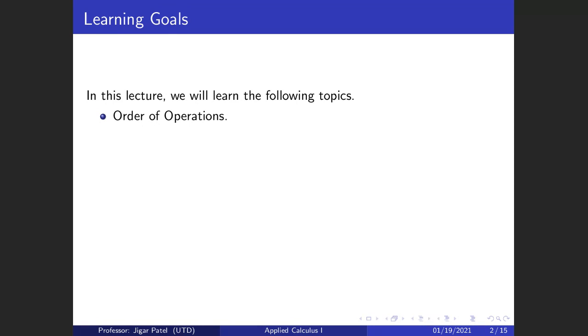Again, there are rules that we need to follow in order to simplify the expressions, and we are going to discuss those rules carefully. Many of you may know these rules already, but I just wanted to recall them because we will be using these rules throughout the semester. Okay. Once we have the idea about order of operations, I would like to define terms and polynomials.